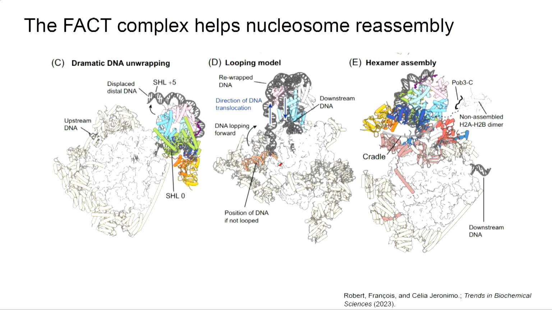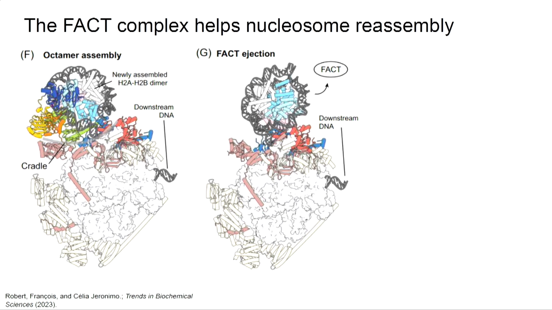After the reassembly, the histone subunits lack one H2A/H2B dimer, which is then added back. Once this dimer has been added back, since the DNA is now completely wound, the FACT complex is no longer binding to it and it gets ejected.